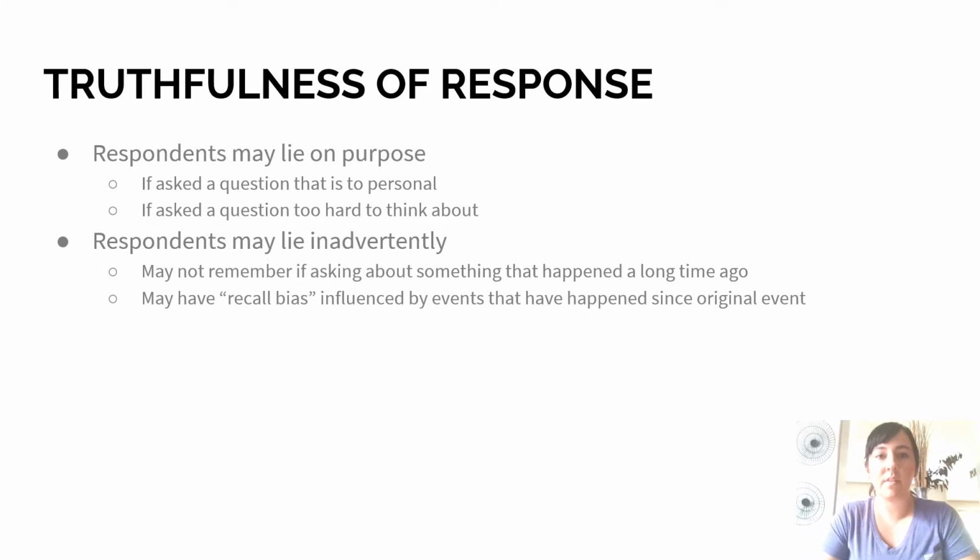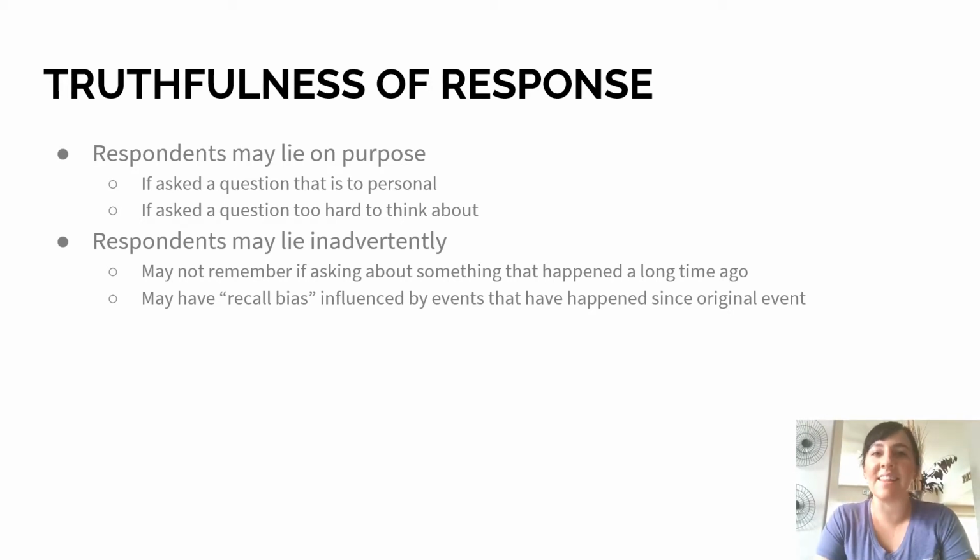So, truthfulness in people's responses. Sometimes respondents, or your participants, whatever you want to call them, are going to lie. Many times they lie, and this is bias. Sometimes people may lie on purpose.